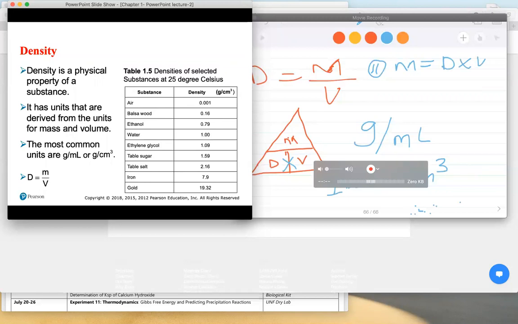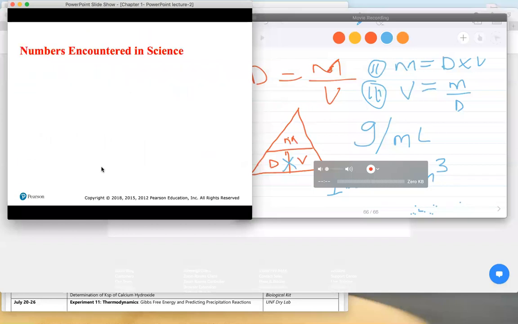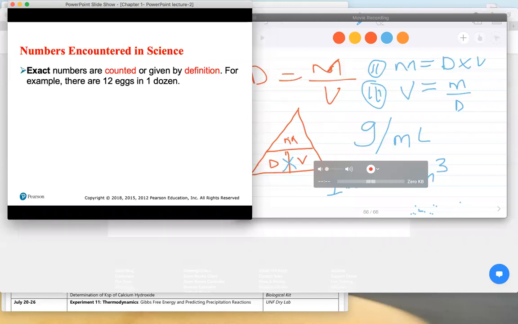And then the third one right here is volume equals mass over density. There are 3 equations you can generate from one. You may be only given this one, but you should be able to get the other ones.